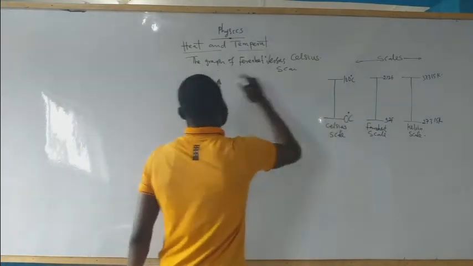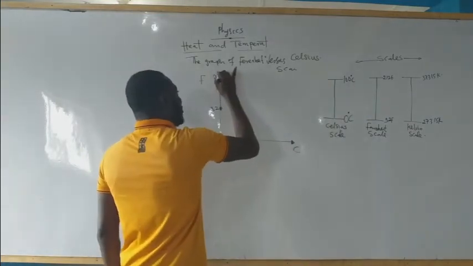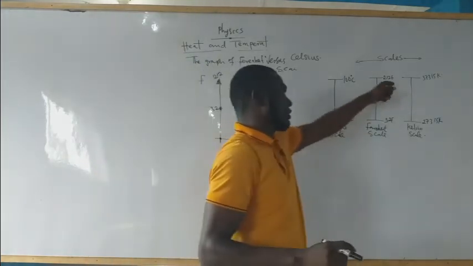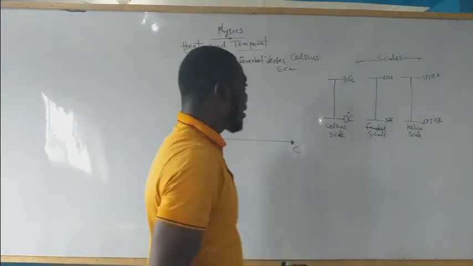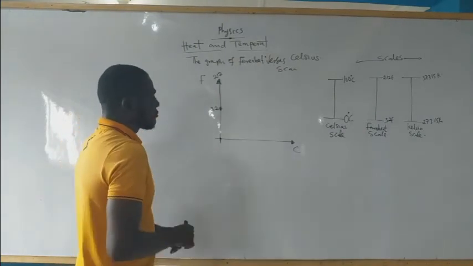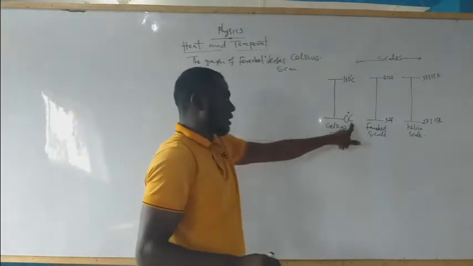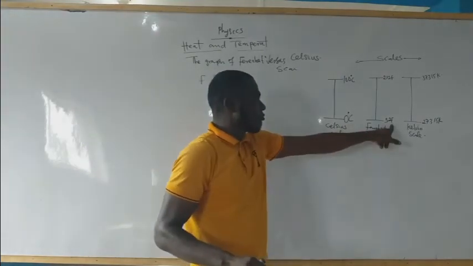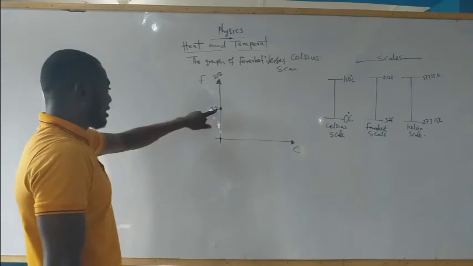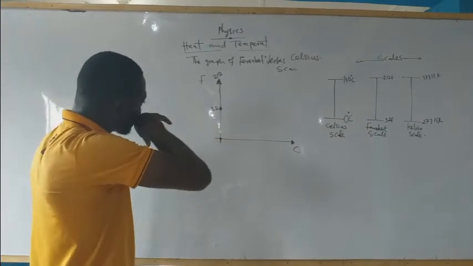This will be 212 Fahrenheit. Of course, that's the upper fixed point, 2, 1, 2. At 0 degrees Celsius, the reading is 32 Fahrenheit.